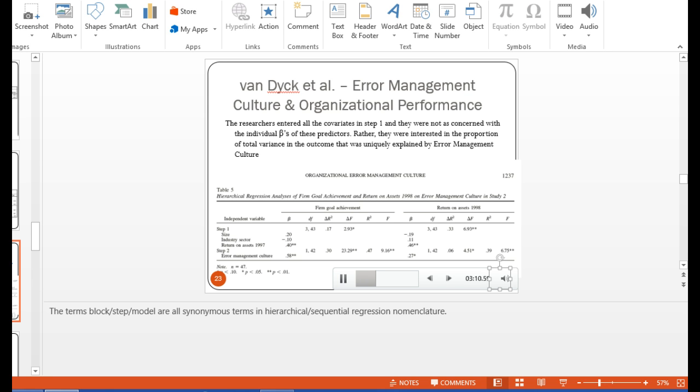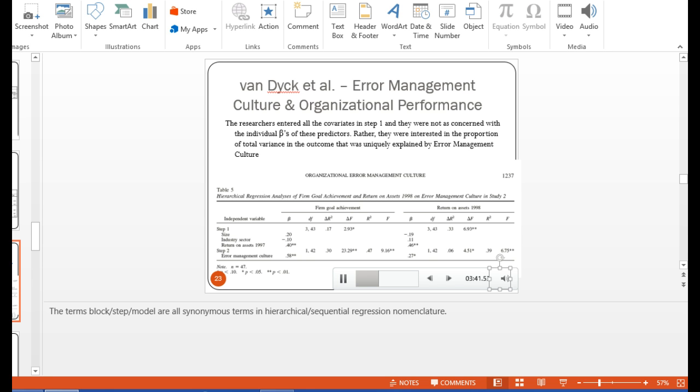So the authors, again, had two DVs, and we can see them across the top of this table. You can see firm goal achievement and return on assets in 1998. Those are the two DVs that they were trying to predict. You can see that they used step 1 and step 2. So they refer to the blocks as steps in their table, as you can see on the far left column.